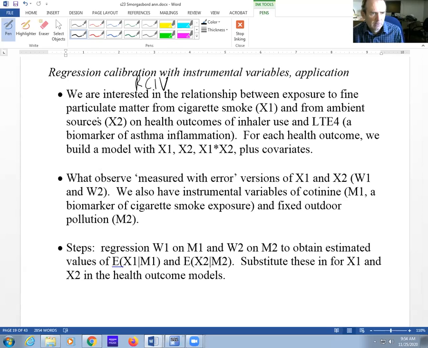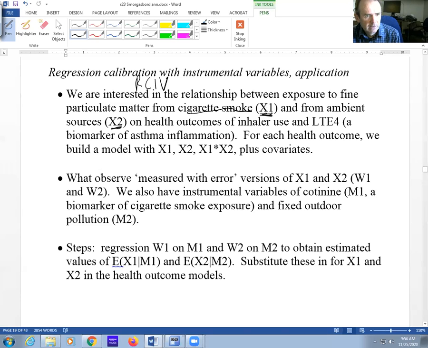So X1 is the exposure to cigarette smoke, and X2 is exposure to air pollution from outdoor sources. So it could be automobile exhaust or industries that are emitting pollution.